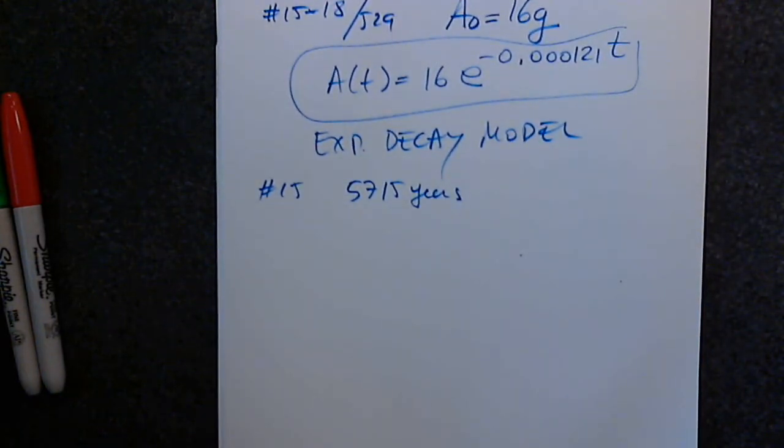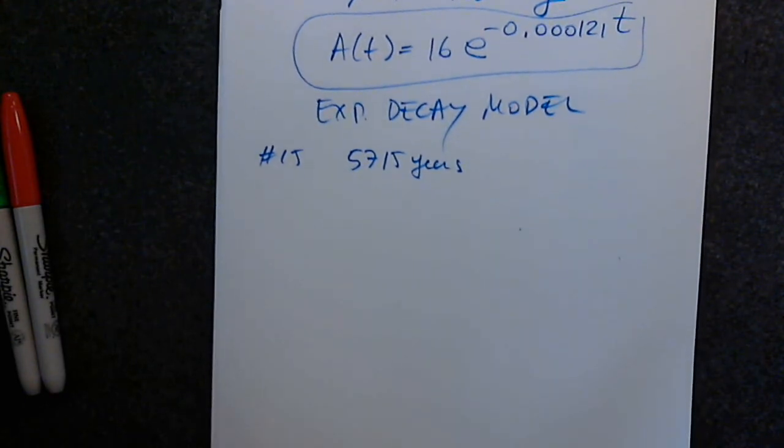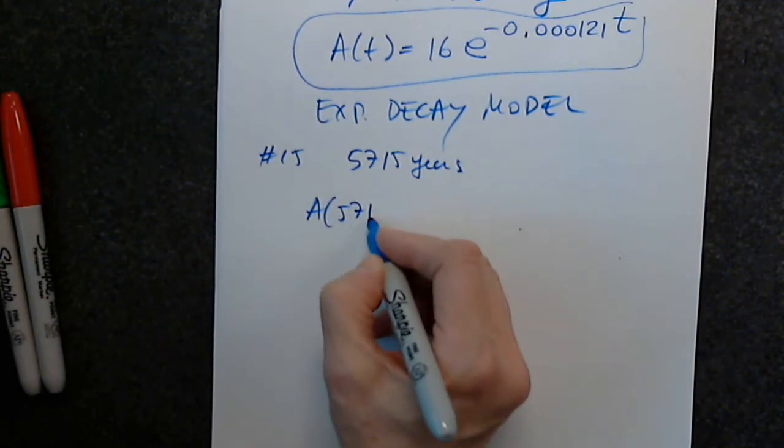So initially, there was 16 grams of carbon-14. Now, 5,715 years later, how much is still left? What do I need to do? That's it. A of 5715.